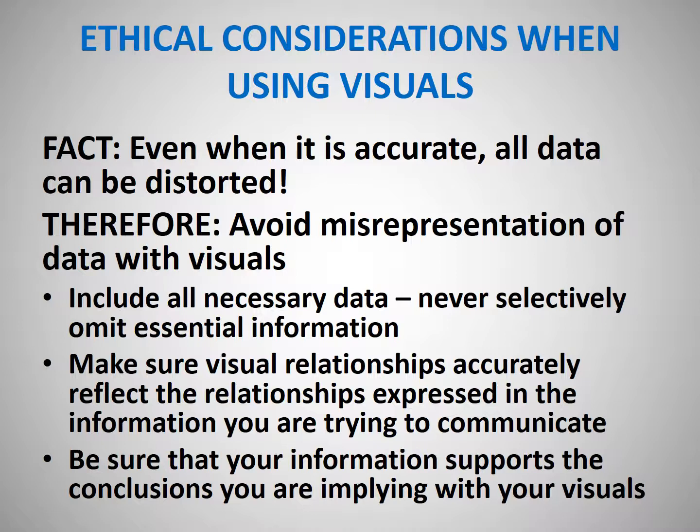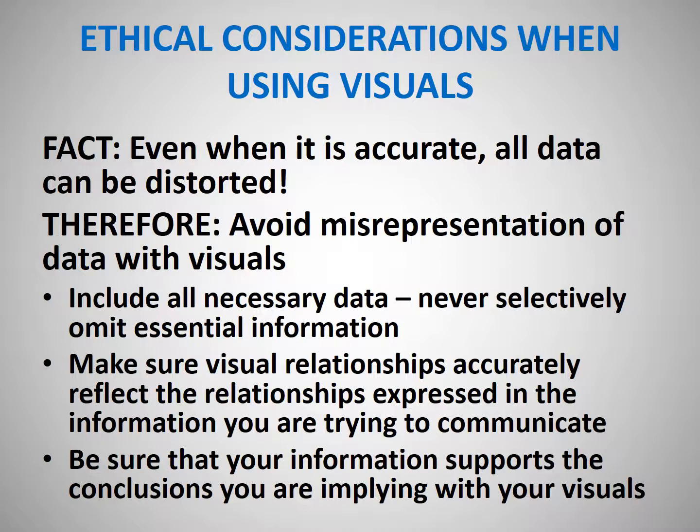All right. Make sure that the visual relationships that you're creating accurately reflect the relationships in the information. So when I look at the visual, it's honestly representing what the text says. It's clearly giving me another way to understand the same meaning as I've put into the information that I'm communicating to you.